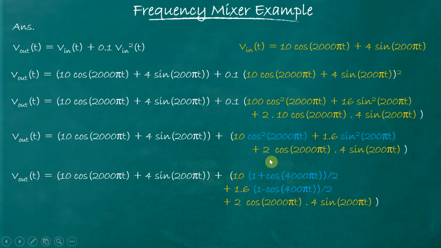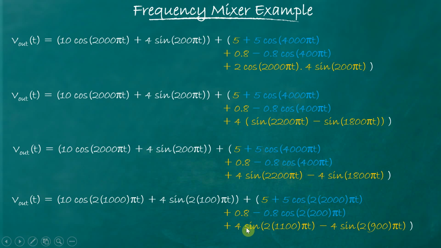Then by using trigonometric formulas, cos square theta is converted into (1 plus cos 2 theta) by 2, and sin square theta is equal to (1 minus cos 2 theta) by 2. So these trigonometric formulas are used here. When you solve this, finally, I'm skipping the steps, actually all steps are mentioned.